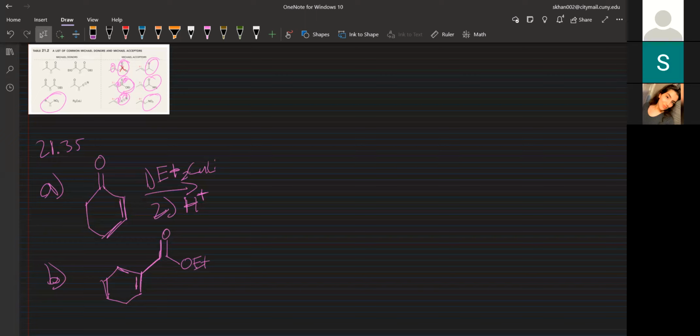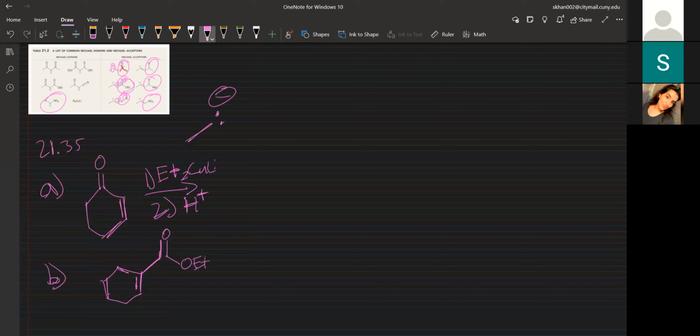Okay, so the first one, essentially you could consider the Gilman reagents, the cuprates here, kind of similar to Grignards. You could just say they're like delivering an ethyl carbanion that attacks over there.